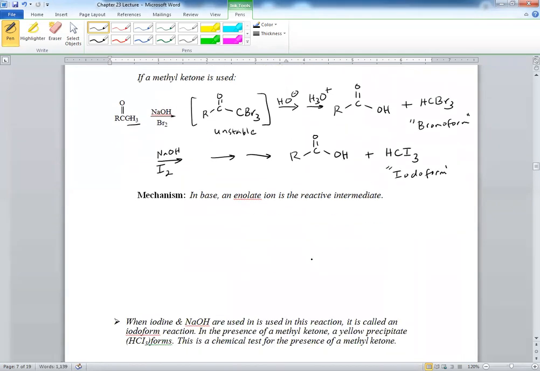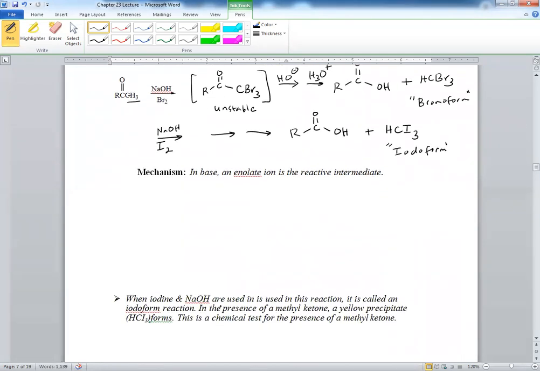Now, what is the mechanism for this? I say that here, by the way, with the iodoform, so it's already mentioned. But what is the mechanism, really quick here?